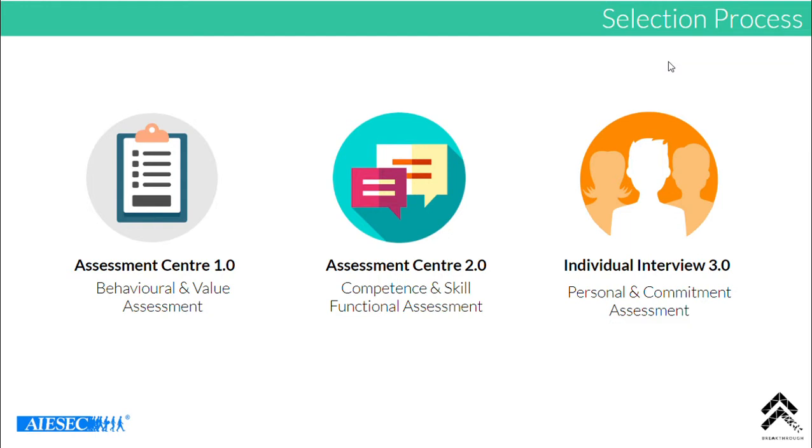The second one is assessment center 2.0, the process where we mainly focus on assessing the competence and skill set of the candidate. This assessment center is designed based on functional need, on a task or situational assessment basis.